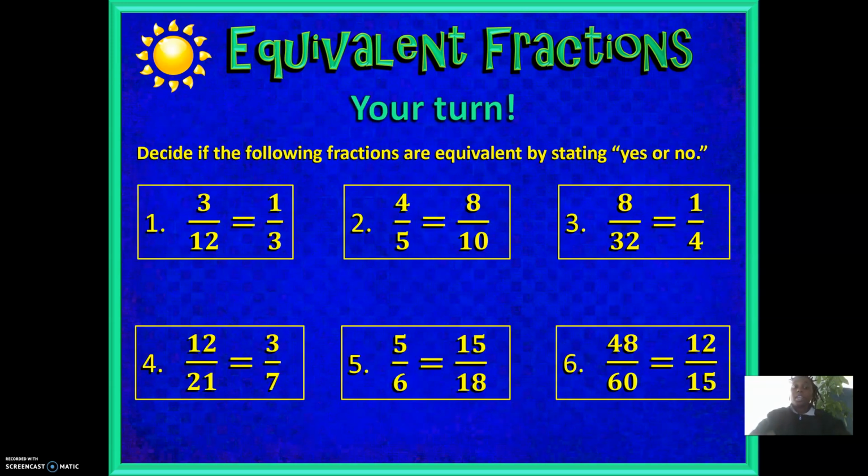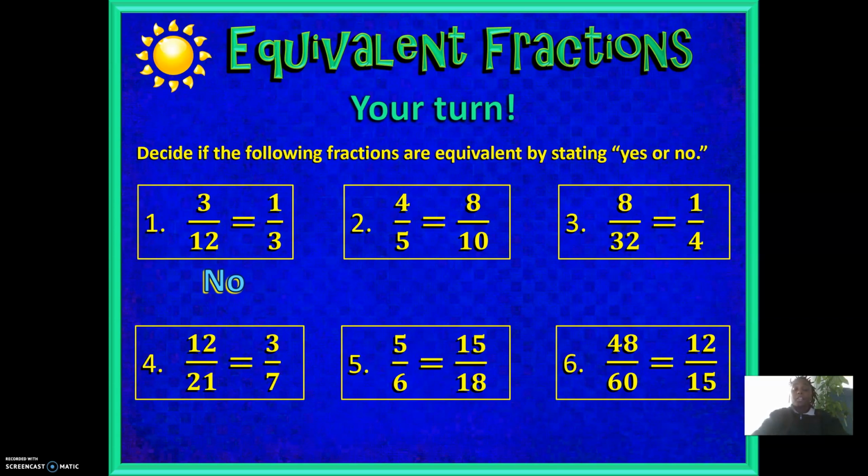Now it's your turn again to decide if the following fractions are equivalent by stating yes or no. What I want you to do is pause the video in just a moment, work through questions 1 through 6, see what you get. We'll review when you come back. Pause now. Great, let's see what you got. For number 1, you should have gotten no. They are not equivalent because if I divide 3 by 3, I'll get 1.